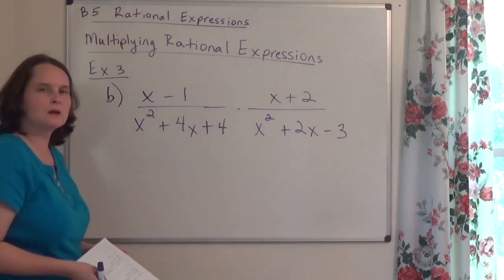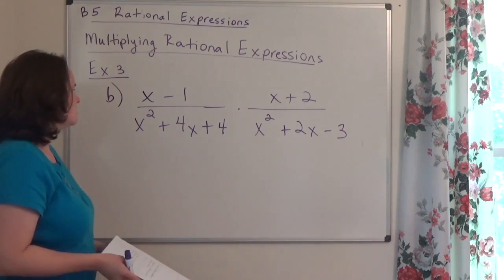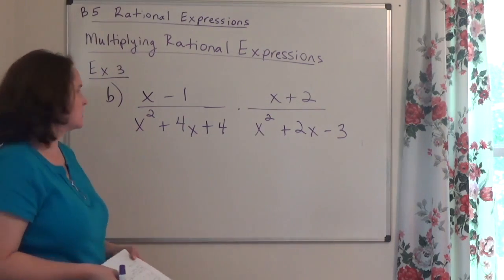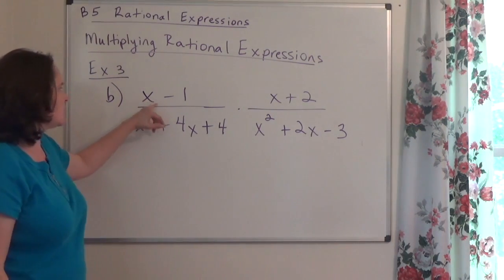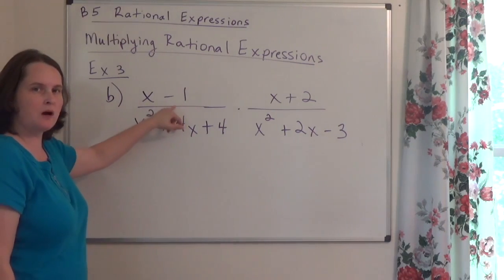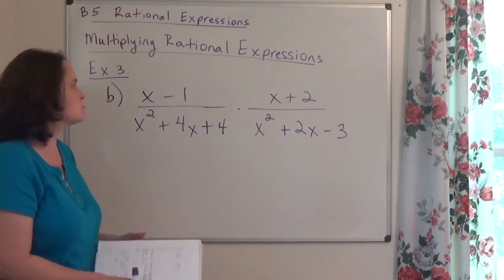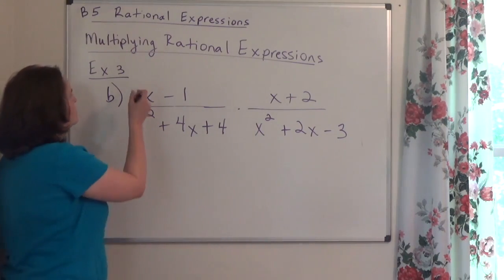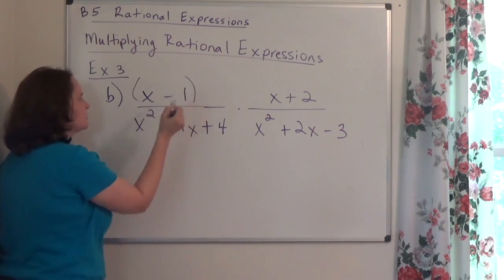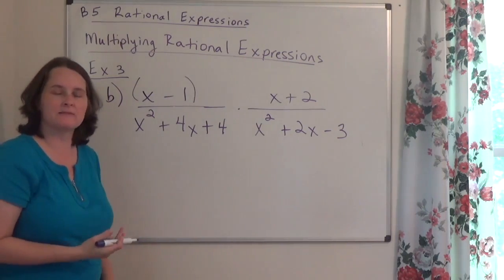For part B, we've got a very similar type of problem. We just have to do a little bit more factoring here. My numerator, x minus 1, will not factor. Because it won't factor, I'm just going to think of the entire numerator as a factor. If you want to put this in parentheses, that's okay. That just helps you look at it as a factor.